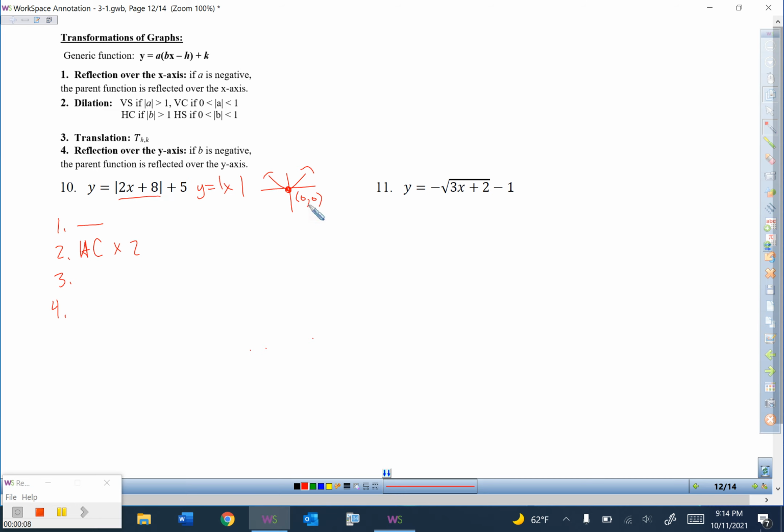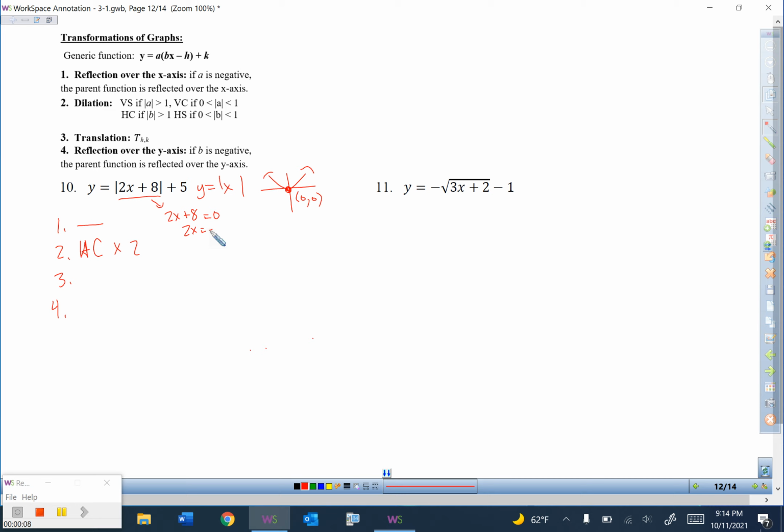This point 0, 0 comes from taking the absolute value of 0 gives you 0. Well, we know we have some more things going on here, but the whole idea is still to get whatever that's inside to be the absolute value of the number 0. So how that looks is you're taking 2x plus 8 and you're setting it equal to 0.